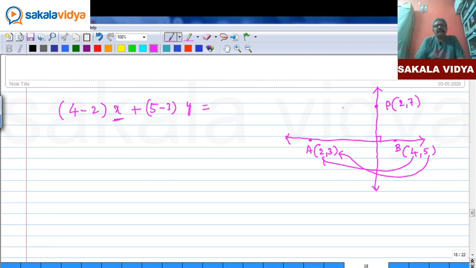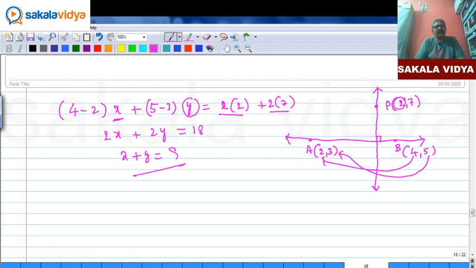Here in the place of x substitute 2, in the place of y substitute 7. That means this will be 2 into 2 plus 2 into 7. Now this will be 2x plus 2y equals 4 plus 14, 18, divide by 2. So x plus y is equal to 9, that is the answer.